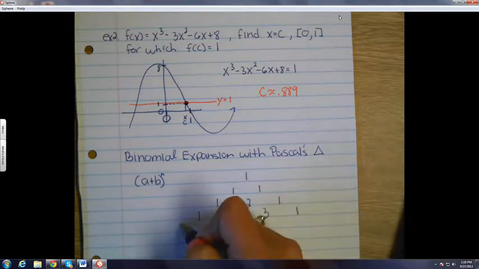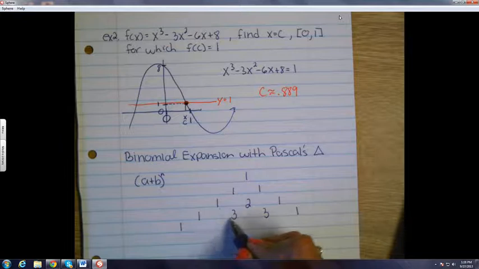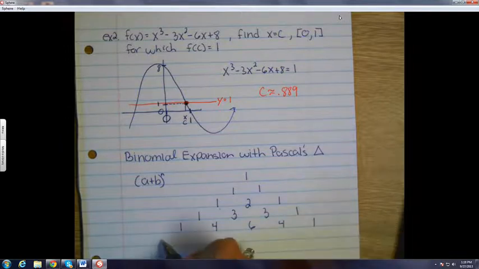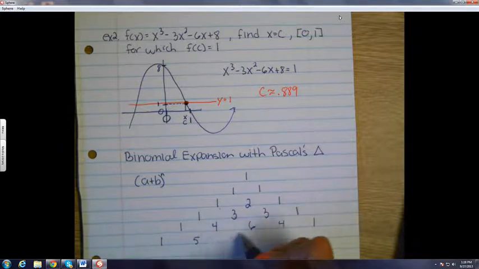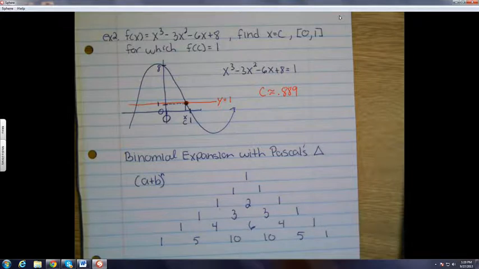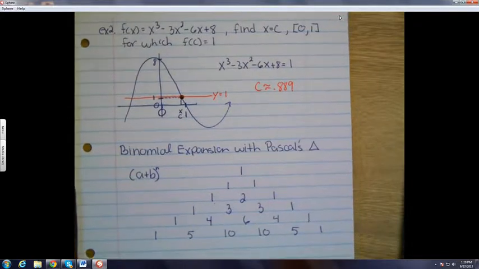Start with a 1, these 2 add to get a 4. These 2 add to get a 6. These 2 add to get a 4. And let's go one more. 1, 5, 10, 10, 5, 1.